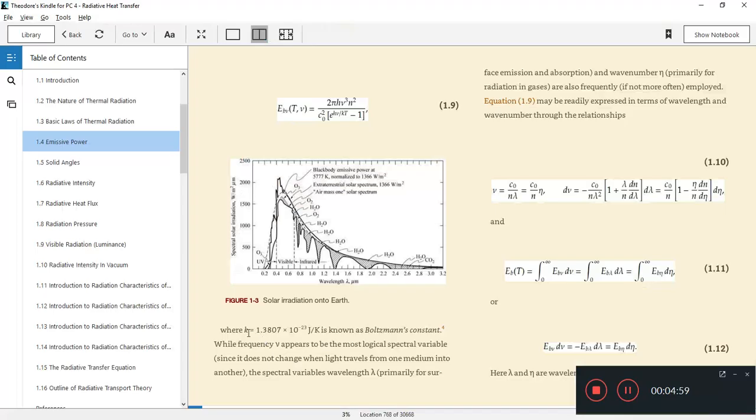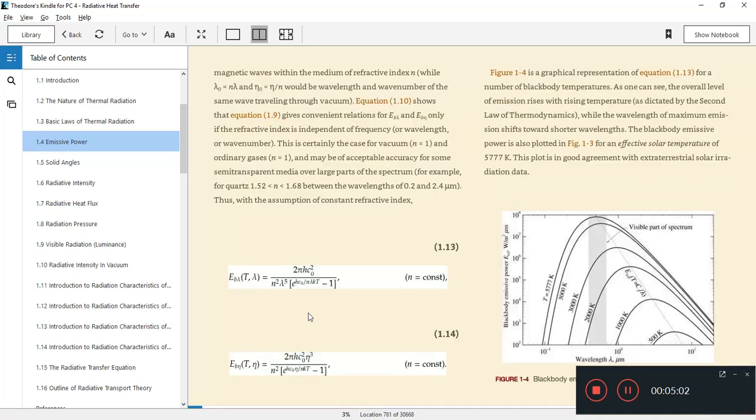So when simplified, we get this. And why can we say the refractive index is constant as a function of wave number? This is not always the case. They say it's very true for vacuums and ordinary gases where n equals 1. And for some parts of transparent media over large parts of the spectrum, for example quartz, between the wavelength of 0.2 to 2.4 microns, this assumption is acceptable.